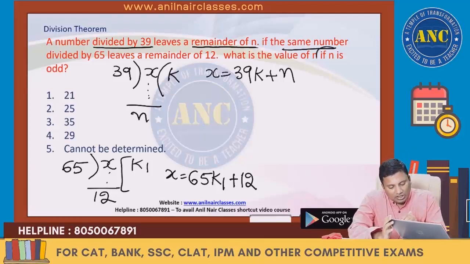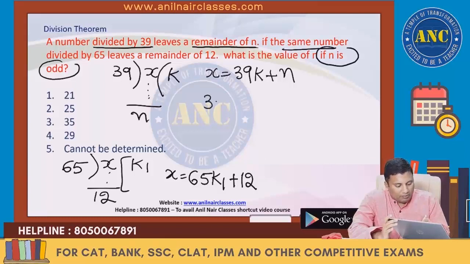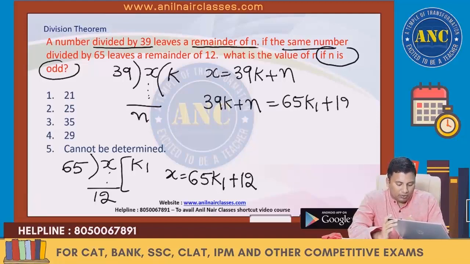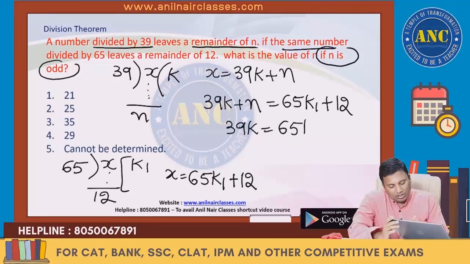What is the condition? n is an odd number. So this becomes 39k plus n equals 65k1 plus 12. This is nothing but 39k equals 65k1 plus 12 minus n.